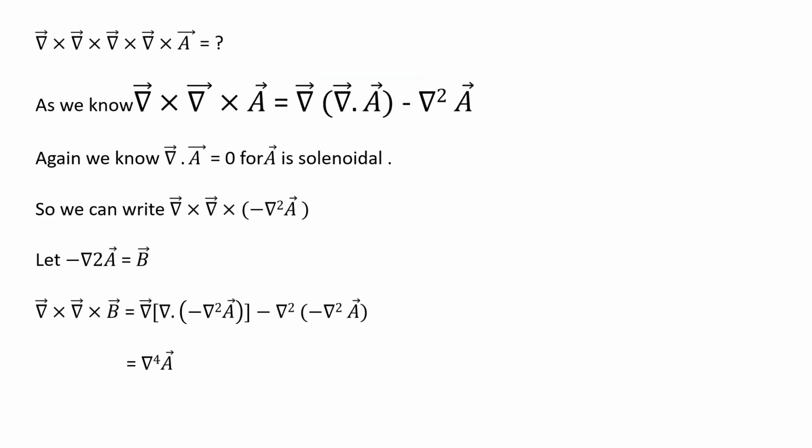And the solution is, as you can see, del cross del cross A is equal to del into del dot A minus del square A. Again, we know that for a solenoidal vector A, del dot A is equal to 0. So by proceeding with this equation, we get that the answer will be del to the power 4 A vector. So next, jump to our next question.